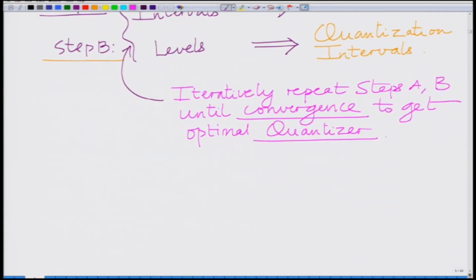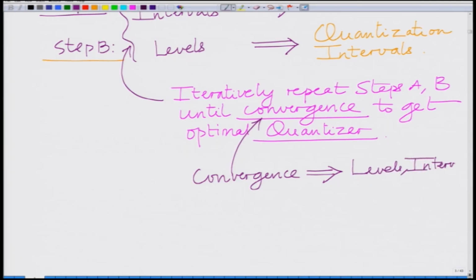By convergence, we mean that the levels and intervals are not changing, or are approximately constant.